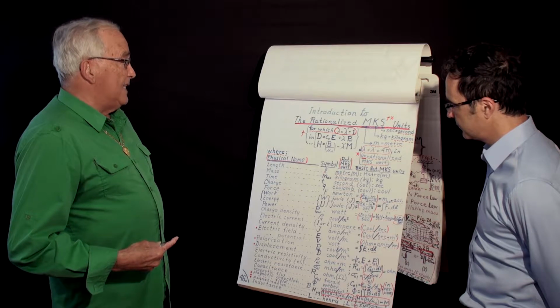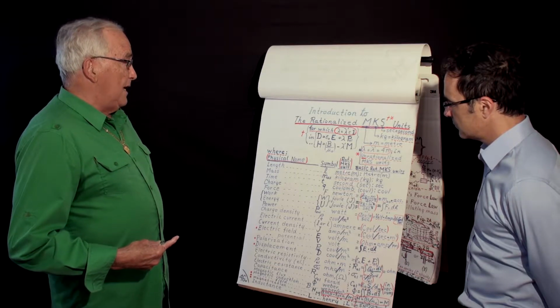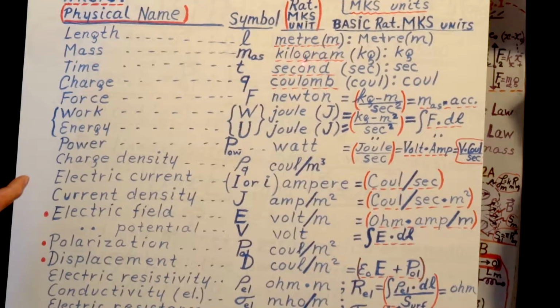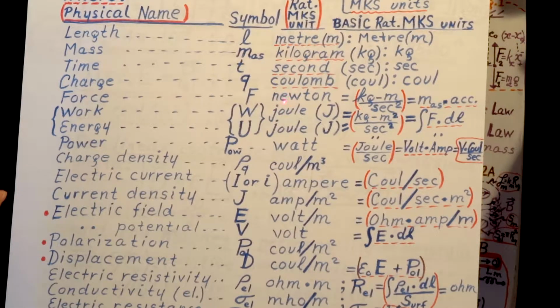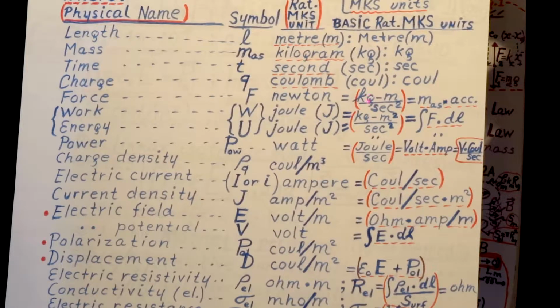Okay, these are symbols used for all kinds of units, and this is the name in a rationalized MKS unit. So L stands for meter in length, mass is kilogram in MKS system, second for time, Coulomb for the charge. Newton is the name of the force, after Isaac Newton, this English physicist. 1 Newton in MKS units is kilogram meter per second squared, from his famous equation, mass times acceleration.